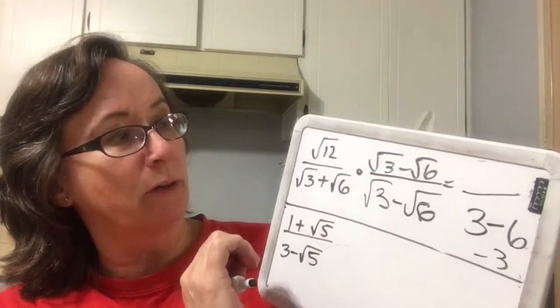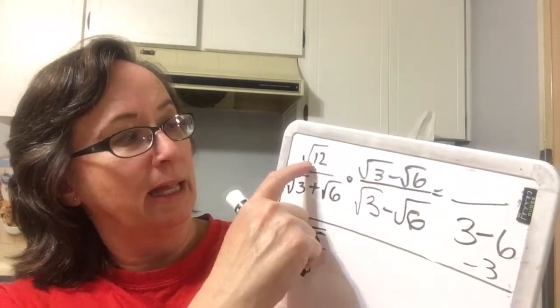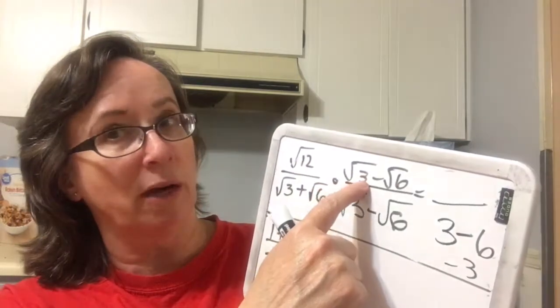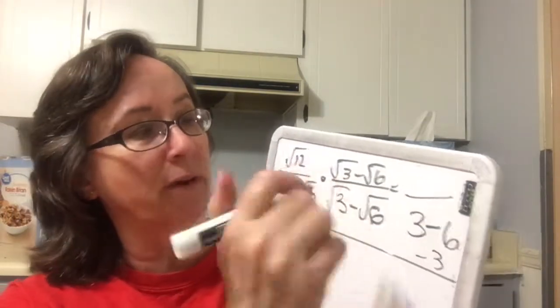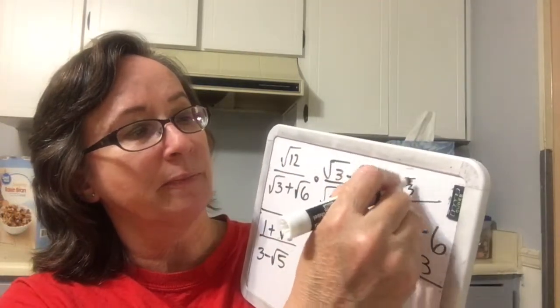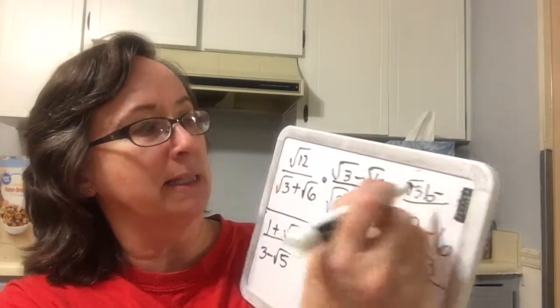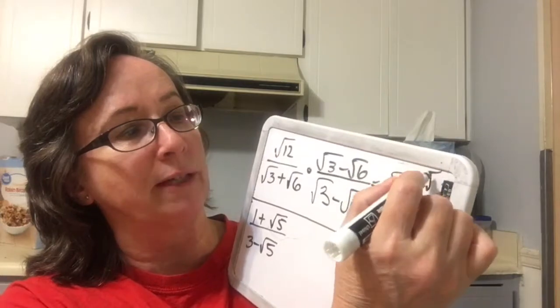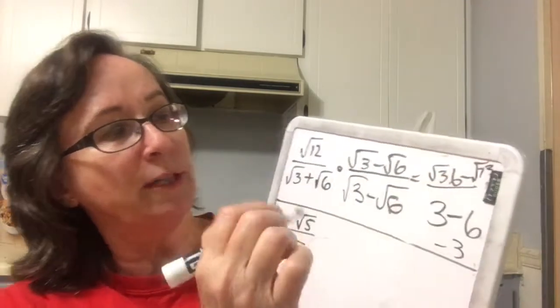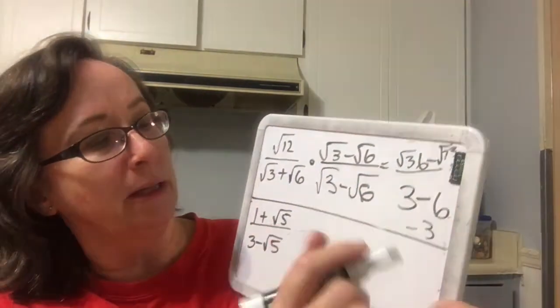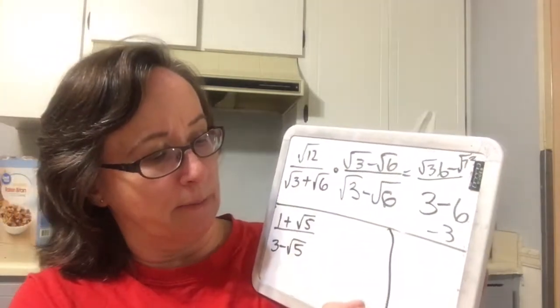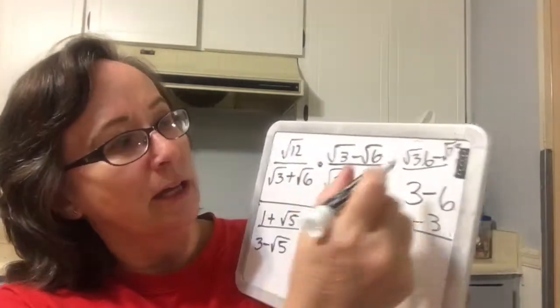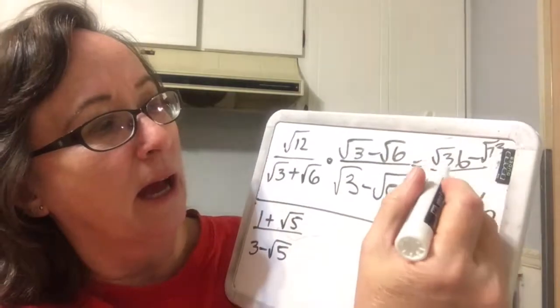And in the numerator, we're going to end up with the square root of 12 times the square root of 3, which is the square root of 36, and then minus the square root of 12 times the square root of 6, which is the square root of 72. So we do need to simplify this. Let's bring this one down a little bit. Okay, so this one is going to be 6.